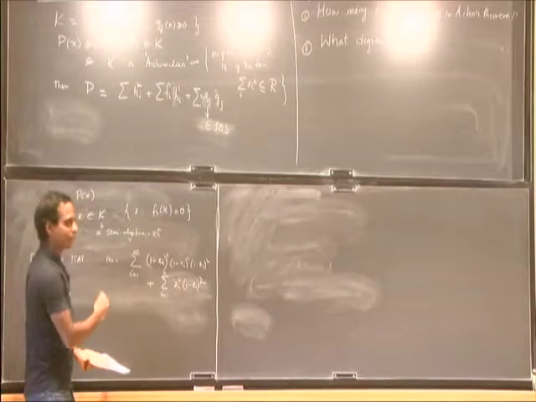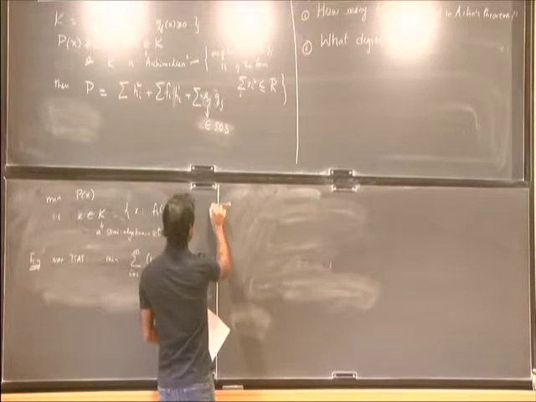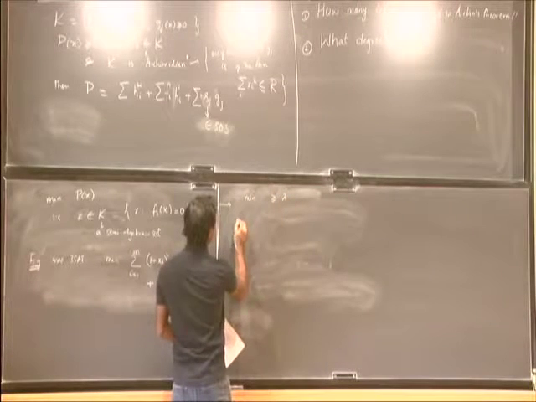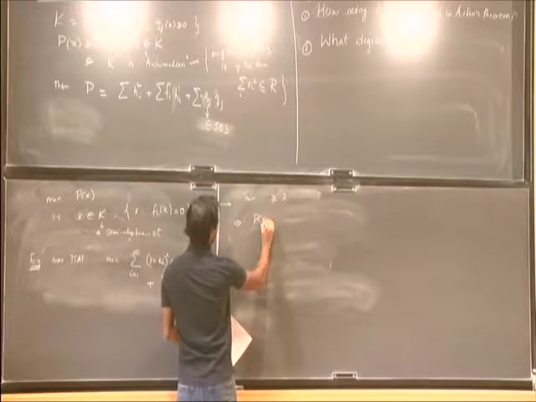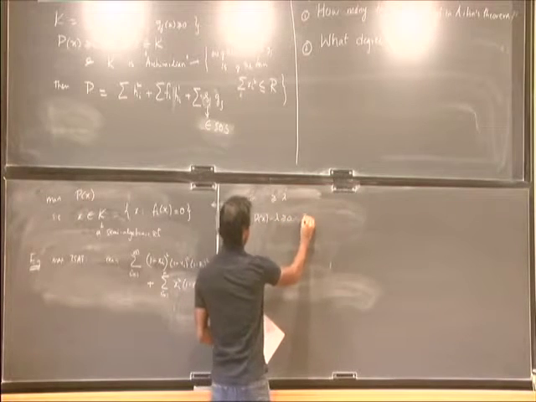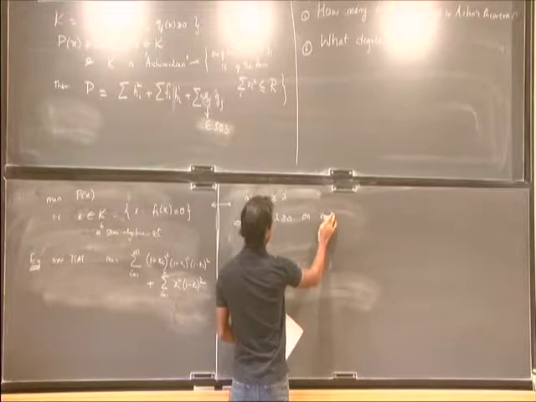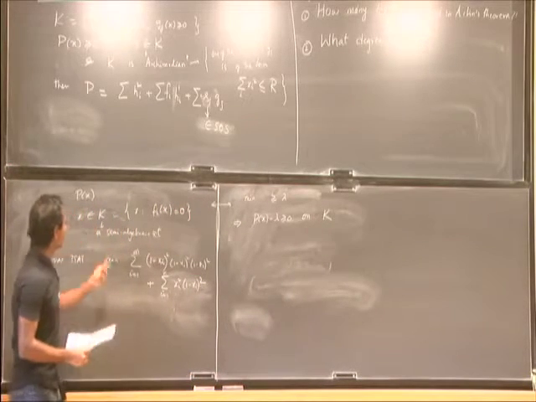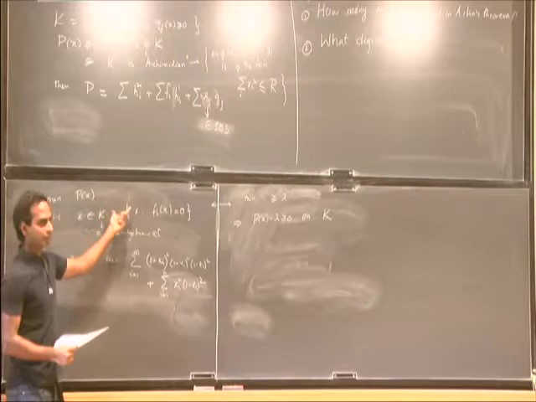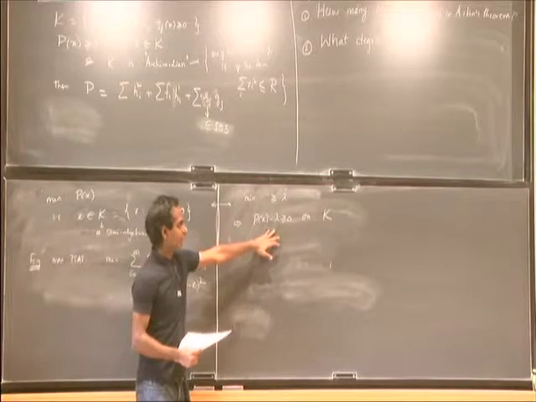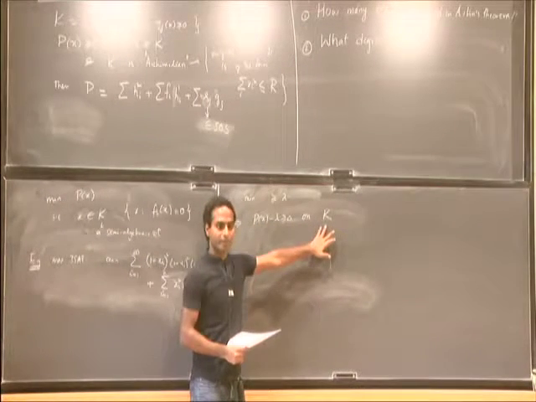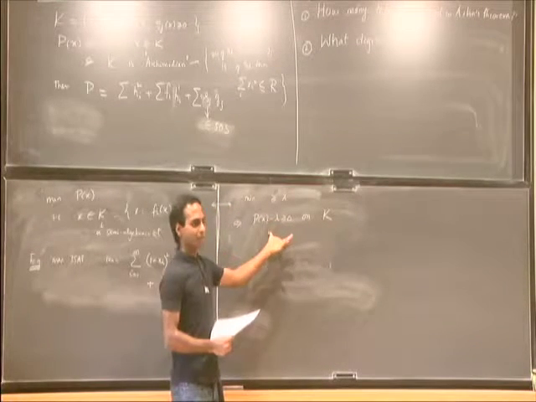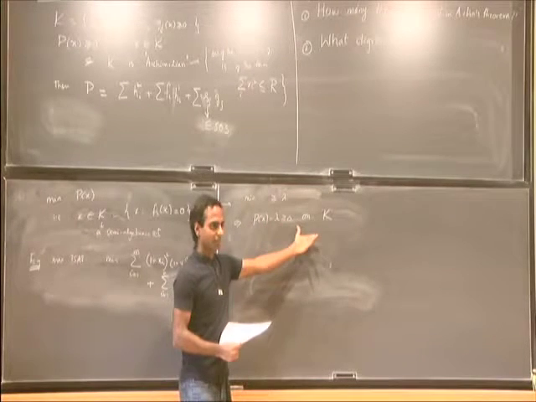So by the Positivstellensatz, what do we know? This says that the minimum is greater than or equal to lambda implies such an inequality that is satisfied over the set K. So now let's look at this decision problem. Is this polynomial non-negative on K?